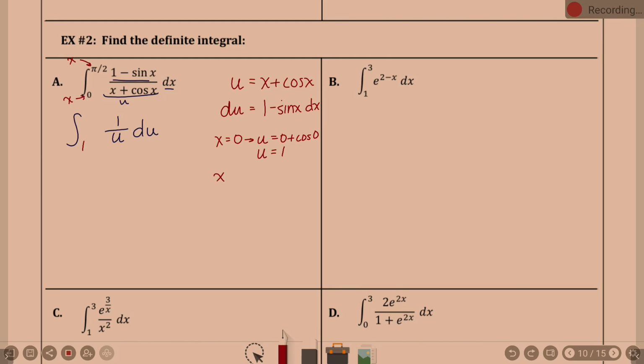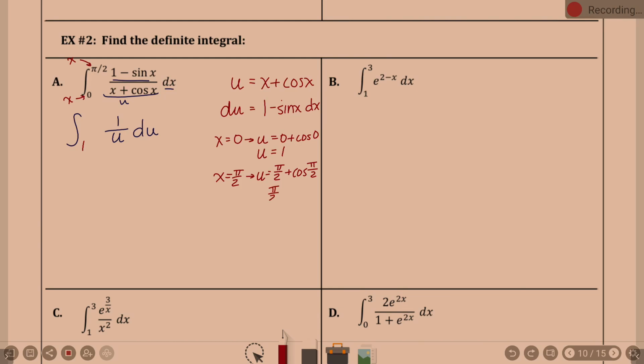And then when x is pi over 2, u becomes pi over 2 plus cosine of pi over 2. Well, pi over 2 is just pi over 2.